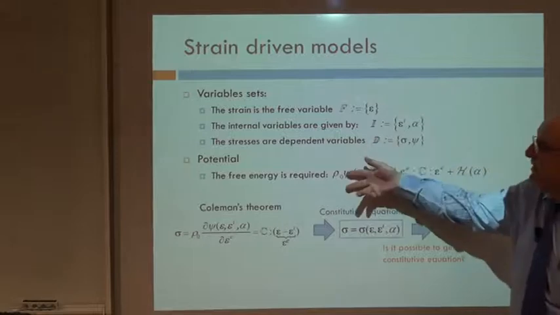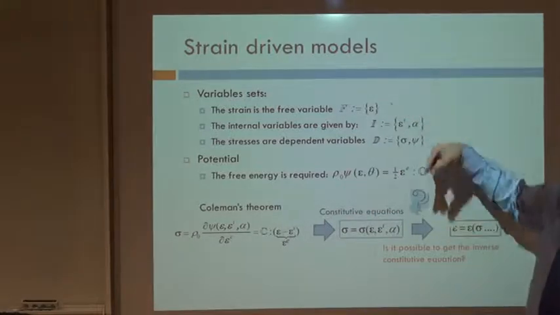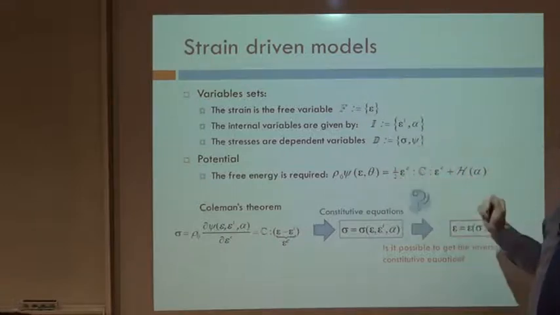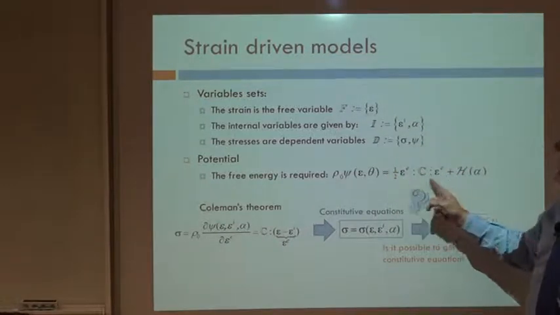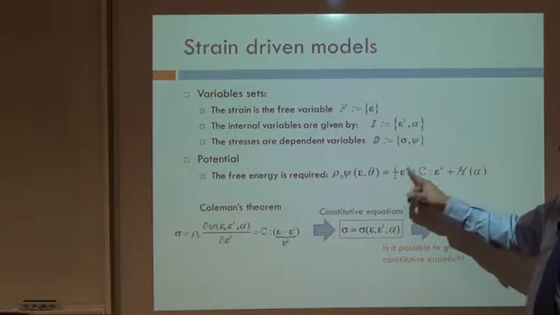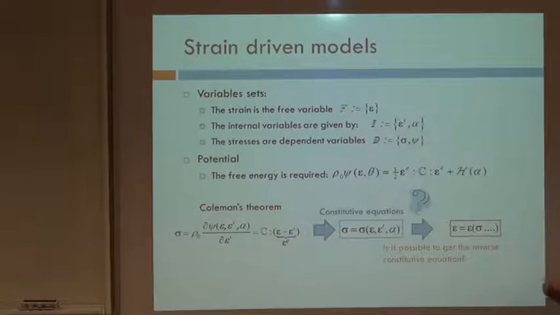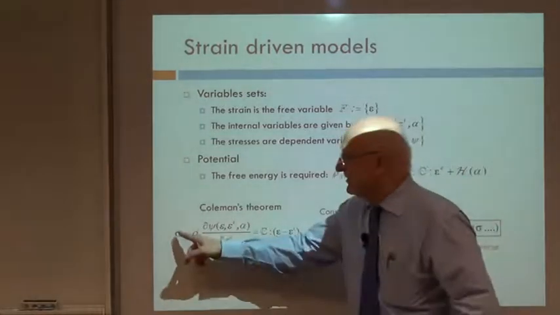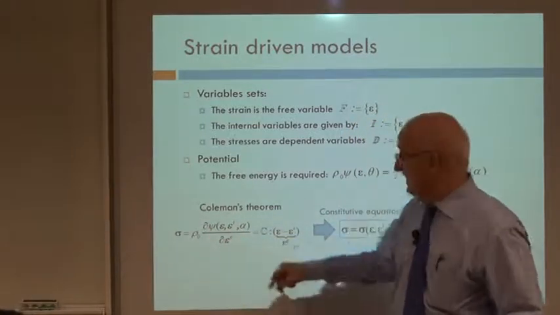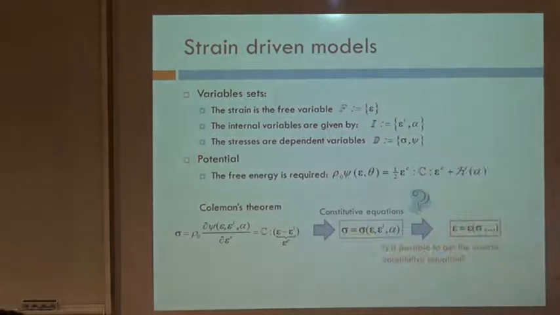We need as a third ingredient for derivation of the constitutive model the form of a free energy. For instance, in the last model, we have seen that this free energy depends in that way. Okay, and then we apply Coleman's method, and we apply always that the stresses are derivative of the free energy with respect to the strains, and we obtain some expression of dissipation.